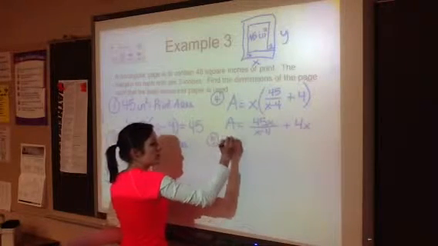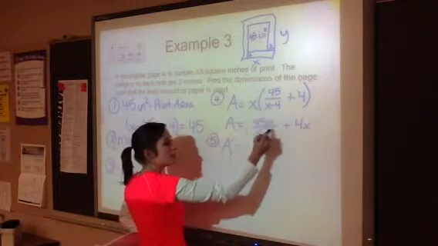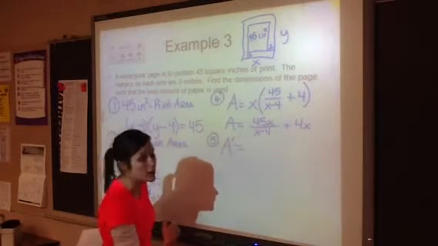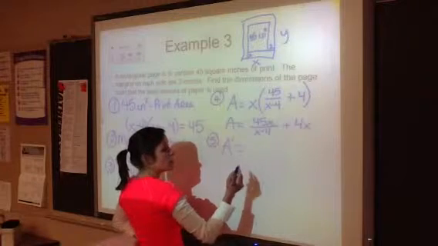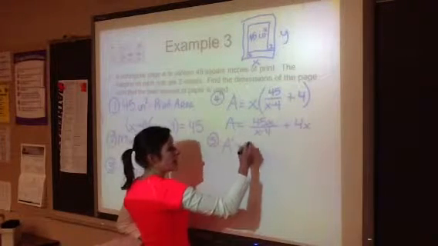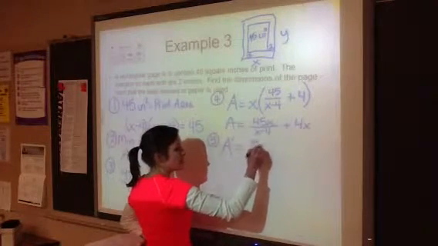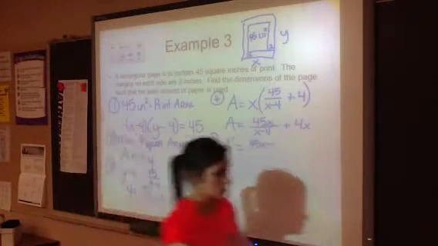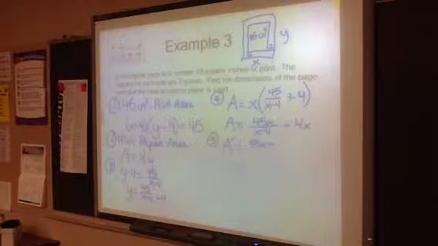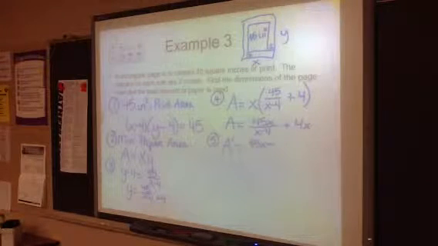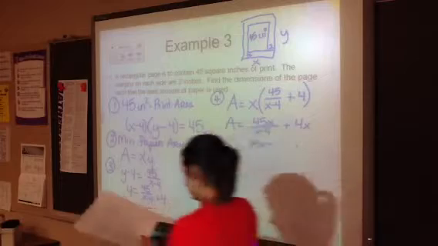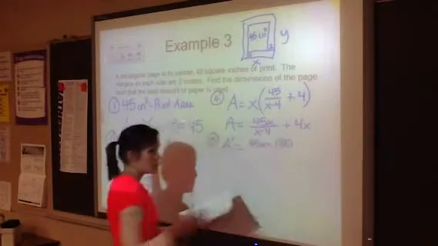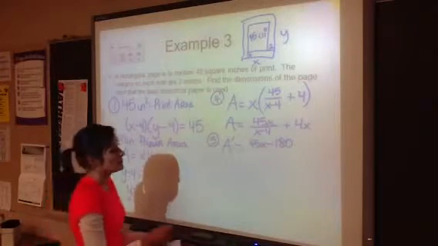So derivative of area equals, here you're going to have to do the quotient rule because X is in the numerator and X is in the denominator. So we're going to do our low times the derivative of the high, and you get 45x minus 180, and I'm not showing all my work because I don't have enough room.